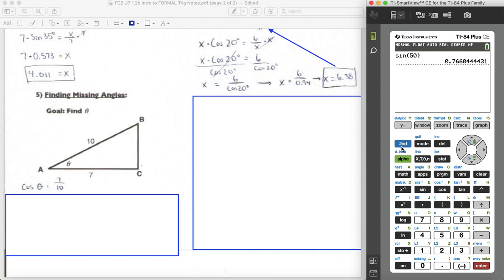Well, I do sine inverse, so I have to hit second sine to get the blue, sine inverse of, now I'm going to hit sine again, and then of 50, right? I'm trying to eliminate the sine function, and doing the sine inverse is going to do that. I should get 50 as my answer back when I hit enter. And I do.